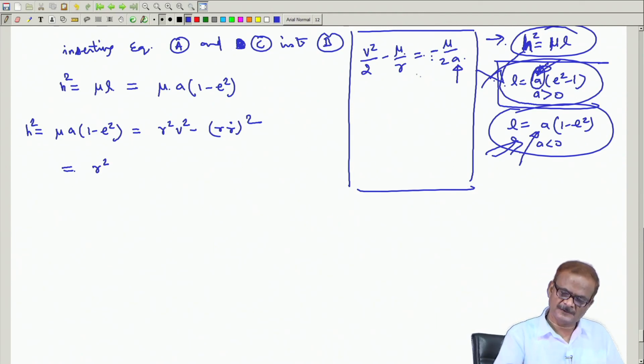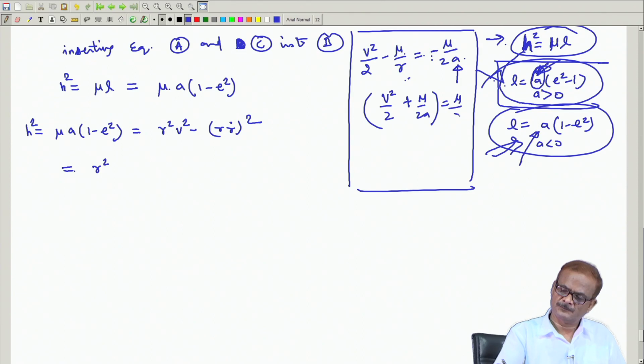So, we utilize this equation here in this place. From here what we see is that v square by 2 plus mu by 2a will be equal to mu by r.